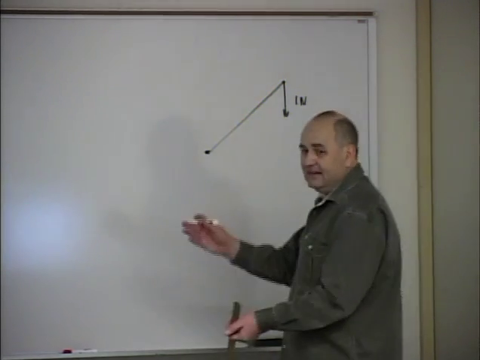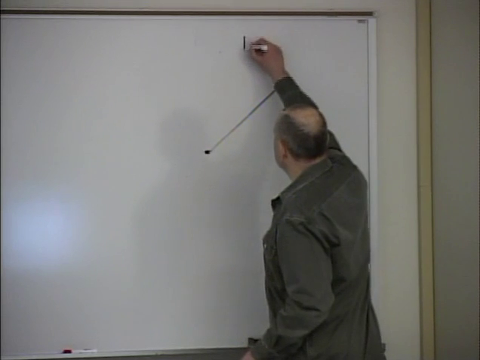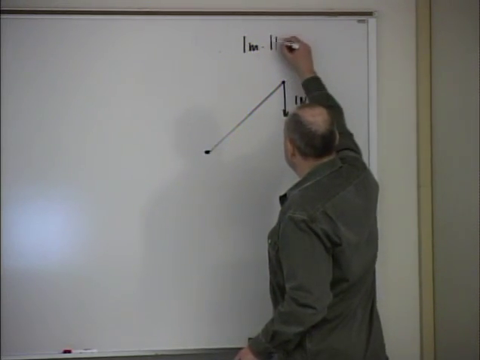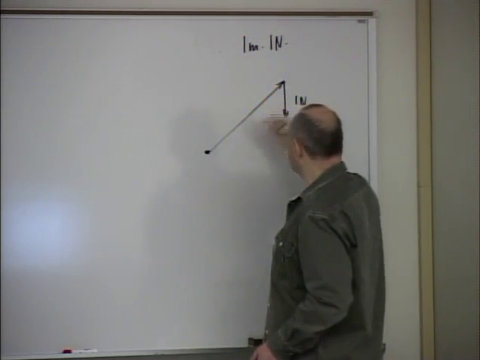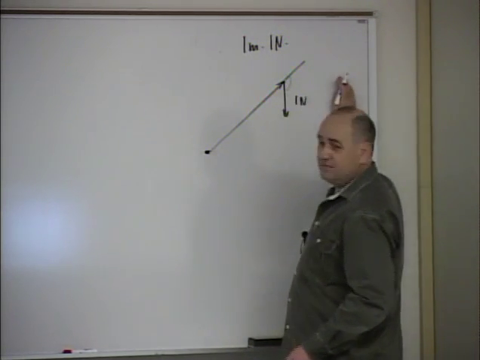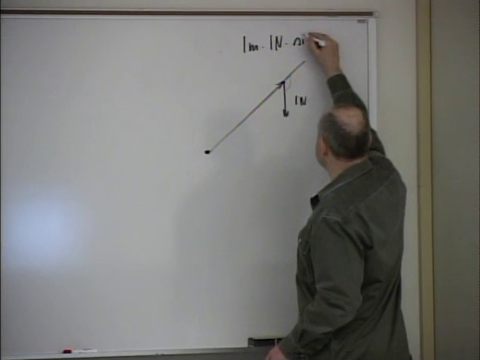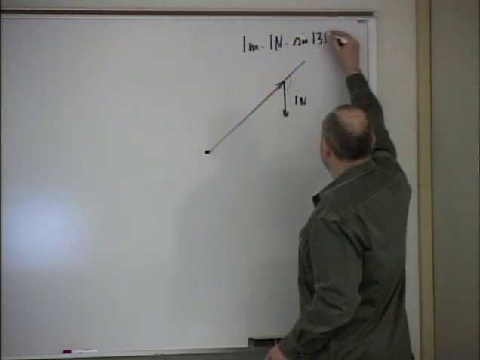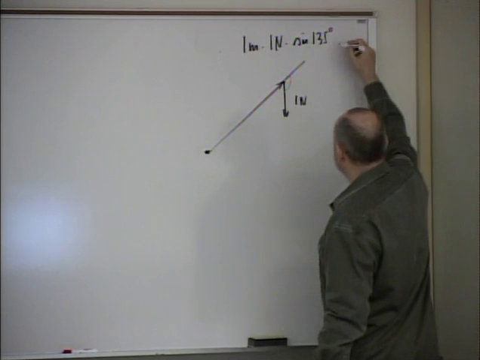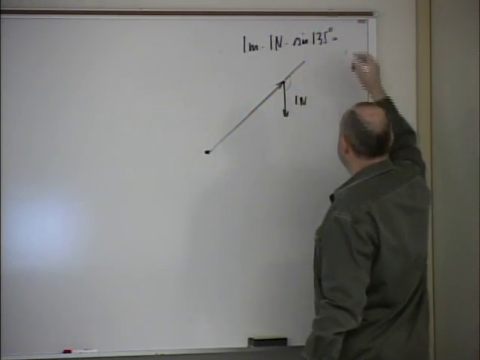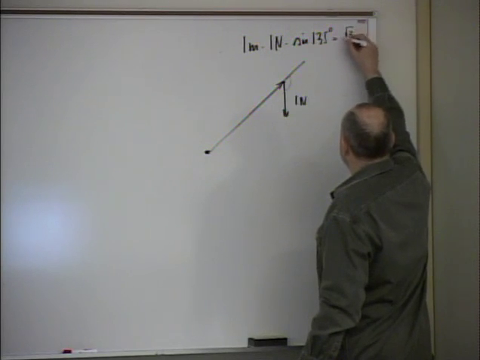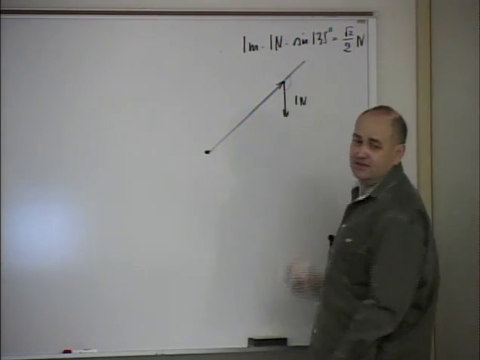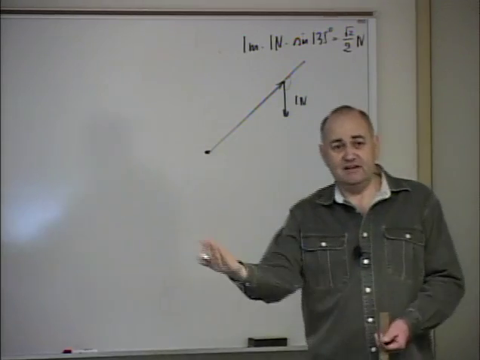Well, directly we could calculate that it is 1 meter times 1 Newton times sine of the angle between these two vectors. These two vectors make an angle of 135 degrees, so it is square root of 2 over 2 Newton meters. This is if I calculate it directly from the definition.